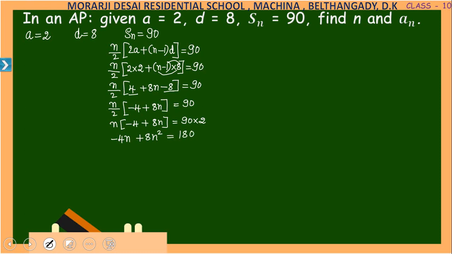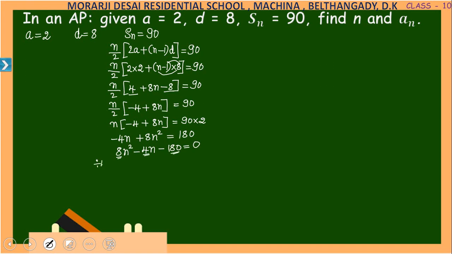Now there are no like terms. Write this in standard form, that is decreasing order of powers, that is 8n square minus 4n plus 180 from right hand side, that becomes minus 180 is equal to 0. Now see here, 8, 4, 180, these are divisible by 4.